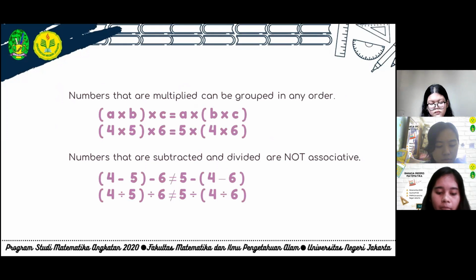For example, the difference of 5 and 4, minus 6, is not equal to 5 minus the difference of 4 and 6, and the quotient of 4 and 5, divided by 6, is not equal to 5 divided by the quotient of 4 and 6.